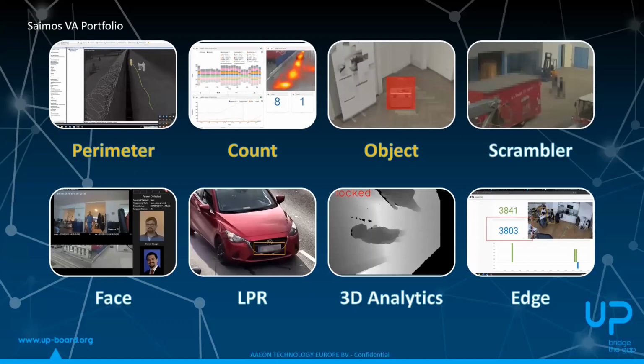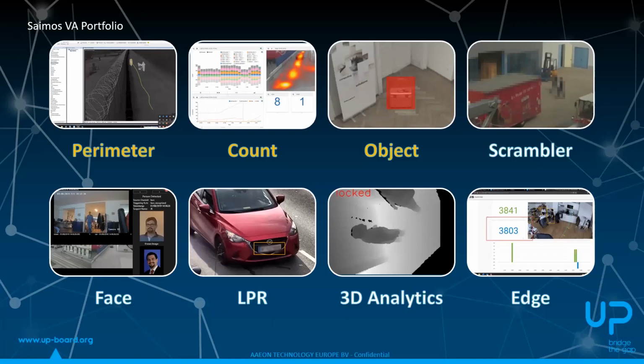But of course, Simos VA is a lot more than that. The solution is also built to scale, so you're not buying into a one-off system. You can scale up, and the solution can grow with you and with your customer. For example, you can use the full extent of the Simos VA portfolio.